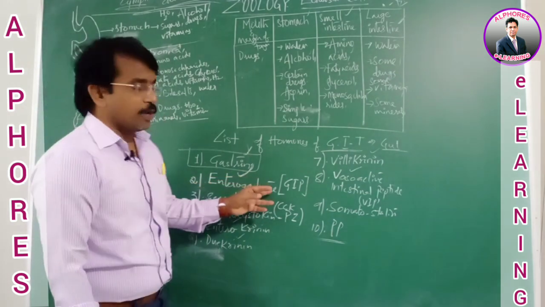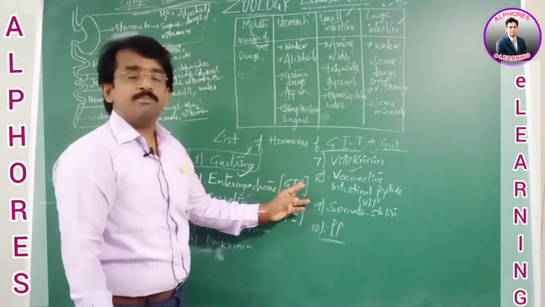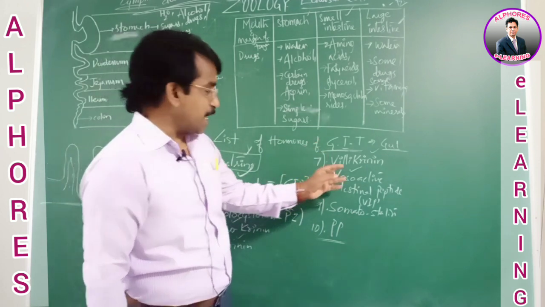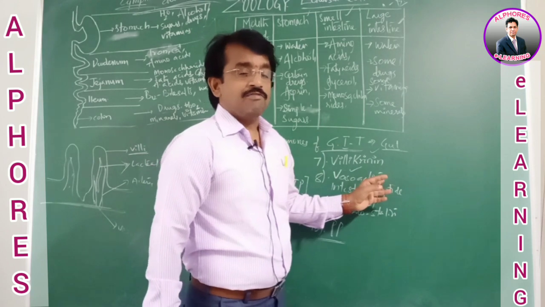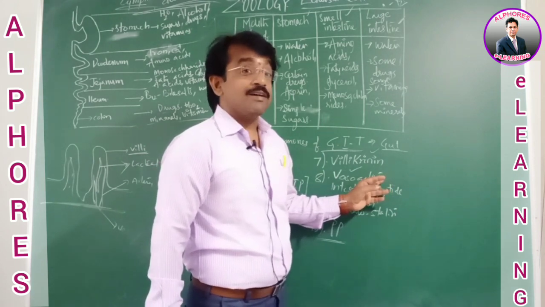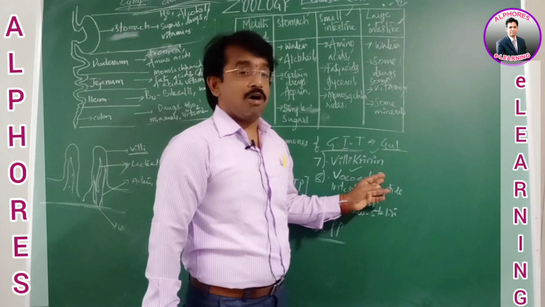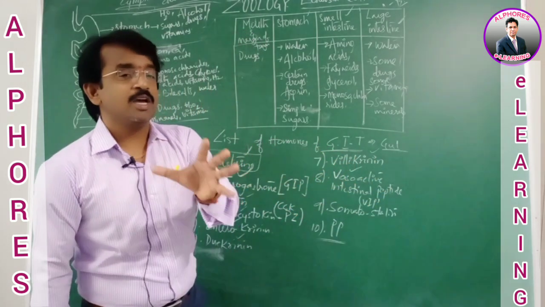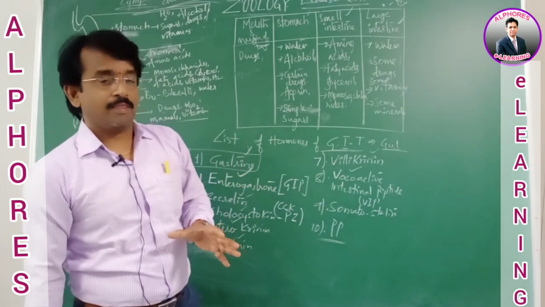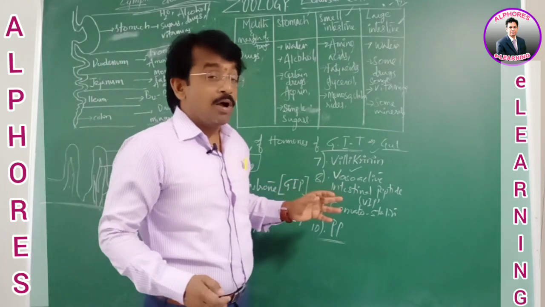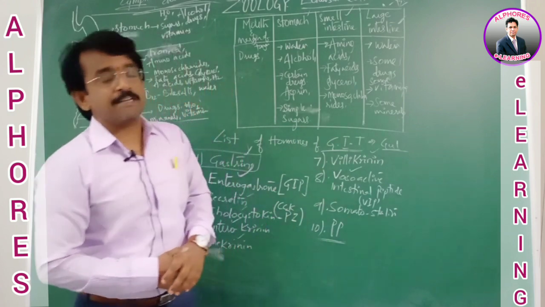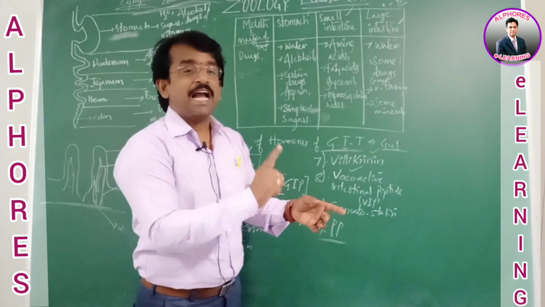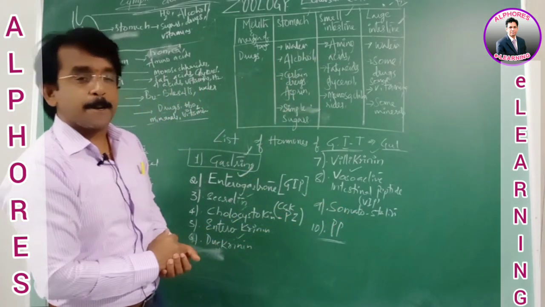So enterogastrone, GIP, from the duodenum, acts by inhibiting the gastric juice. It neutralizes the acidic juice, and its target is the stomach itself. That is why it is called gastric inhibitory peptide.